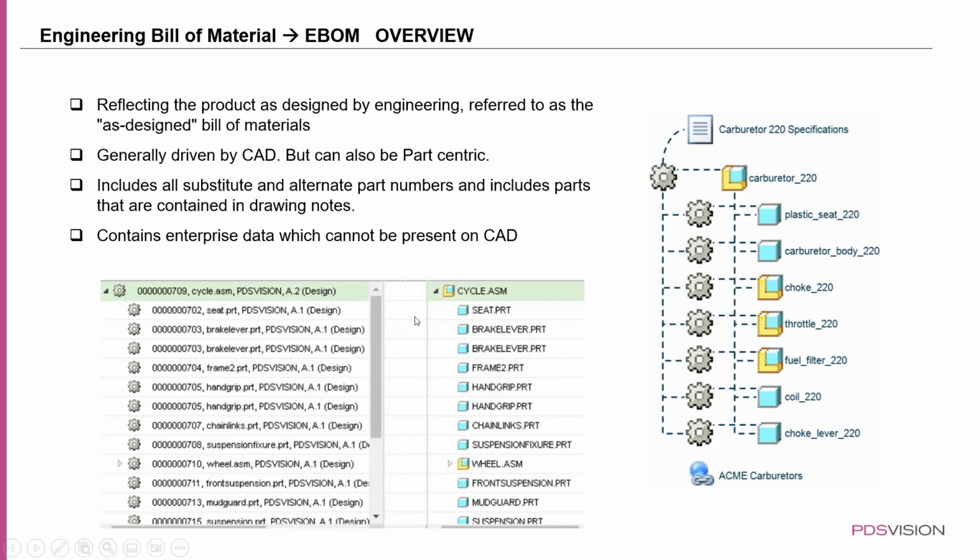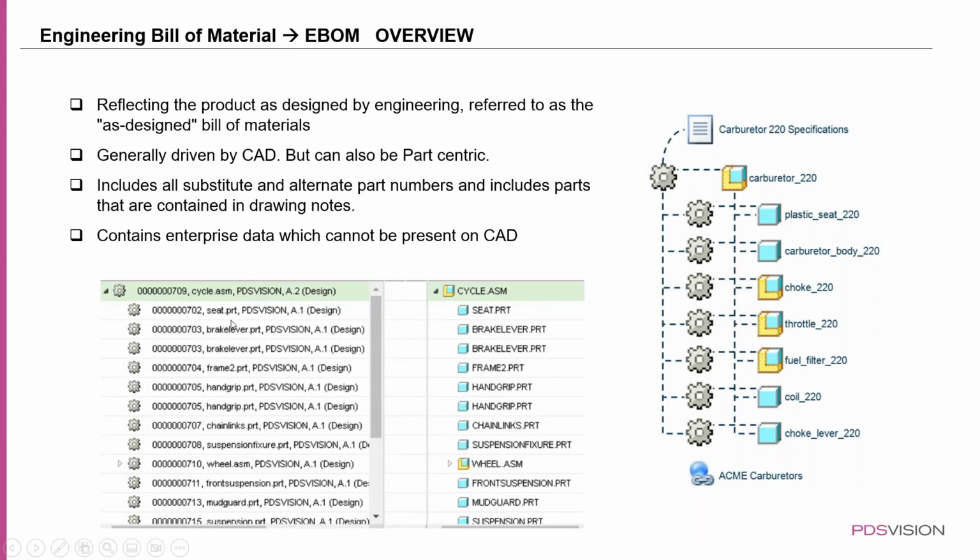So for example, in the picture, cycle.asm can have its own cycle.asm part associated with that. And now this part, which ends with 000000709, can be represented as the part structure inside Windchill, and this is called the E bill of material. If you see the icons over here, the gear icons show that it is a part structure.